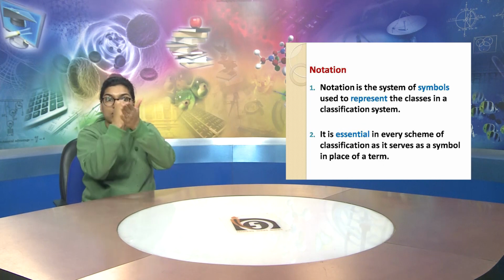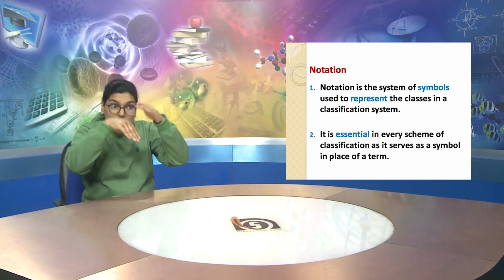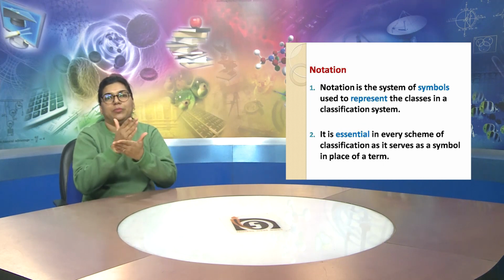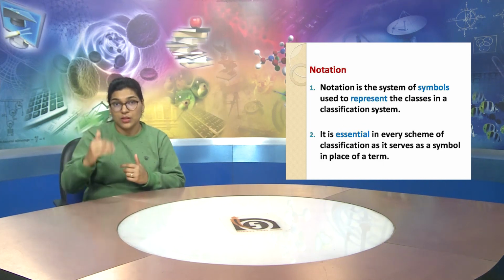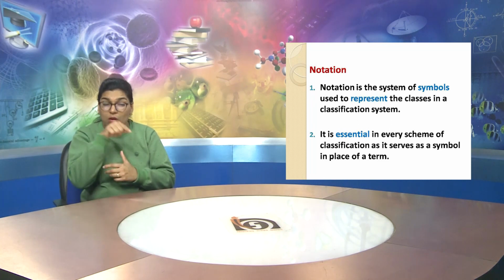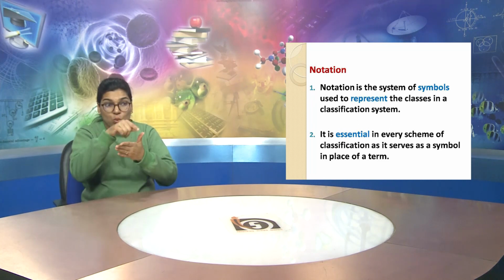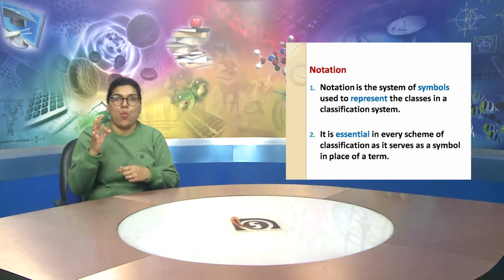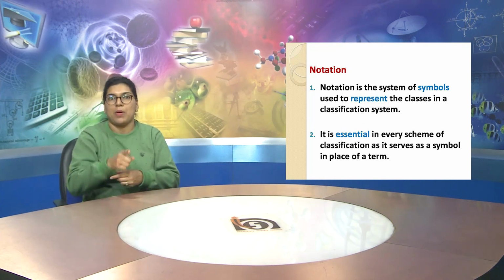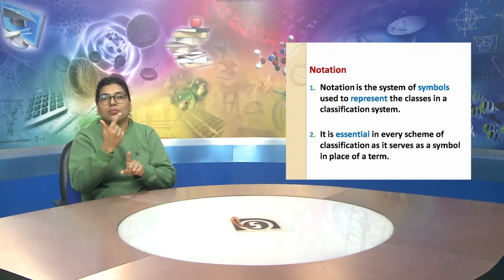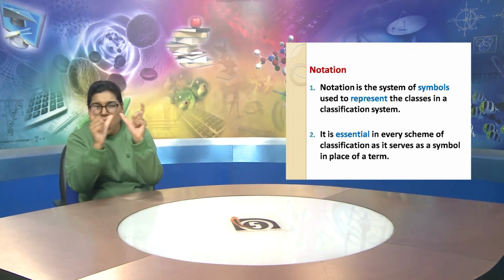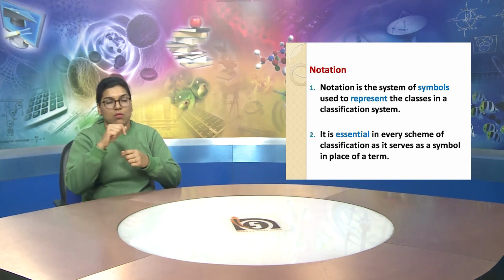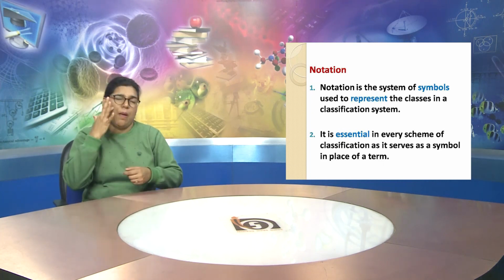Similarly, there are different symbols which are used for different items or different things. Point 2. It is essential in every scheme of classification as it serves as a symbol in place of a term. So, in library also it is used.